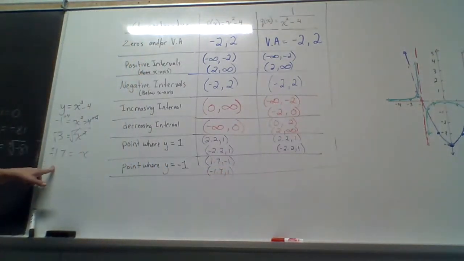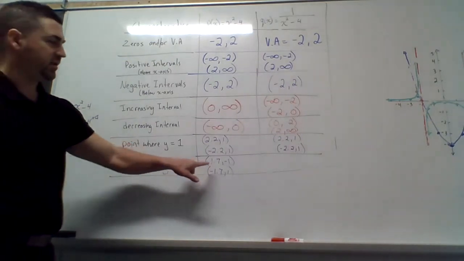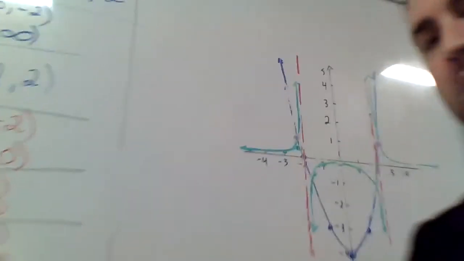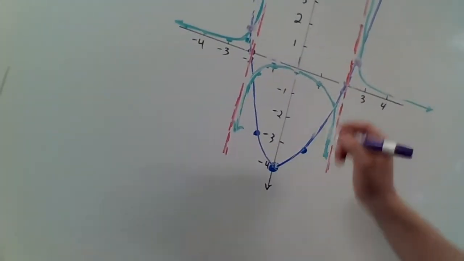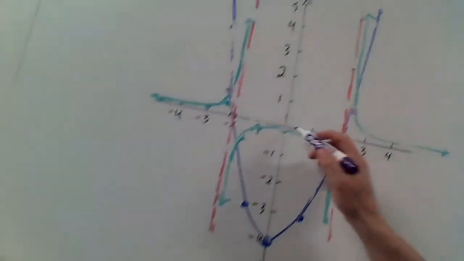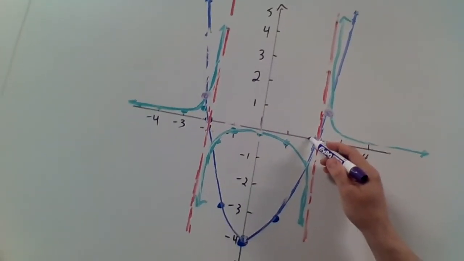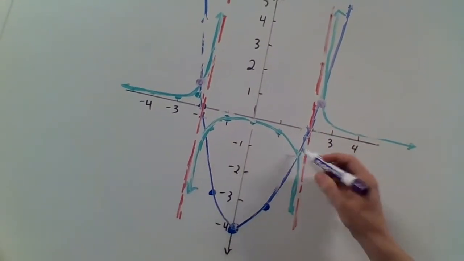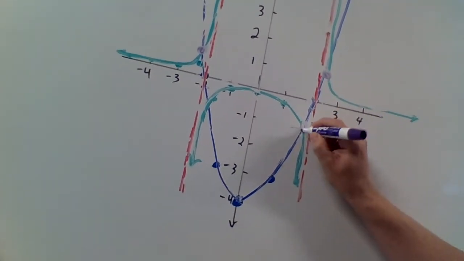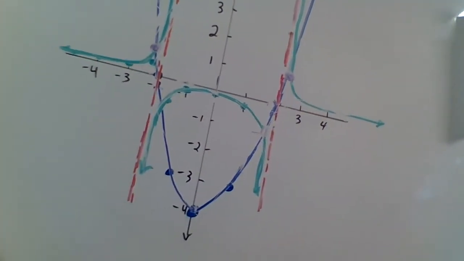Make sure, it's a very big mistake, usually they put this as their y value. This is your x value, so 1.7 is here. If we go back to the graph, negative 1, so 1.7 and negative 1. 1.7 is roughly here, and negative 1. You can see that the graph intersects here as well, and that one is done.